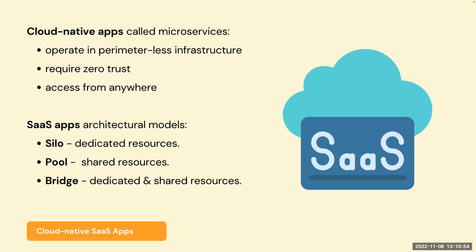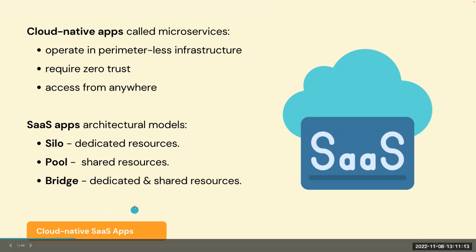Pool means the underlying thing is a multi-tenant application, which means it's shared across different people or customers. Bridge is a hybrid mode where you have dedicated and shared resources.